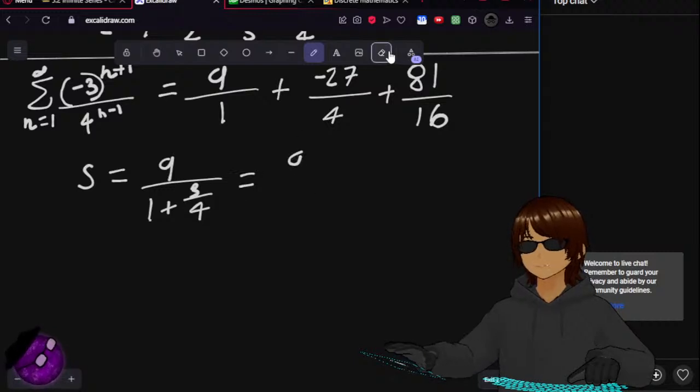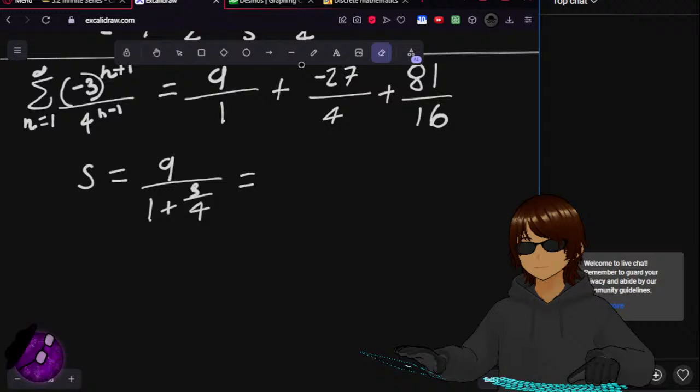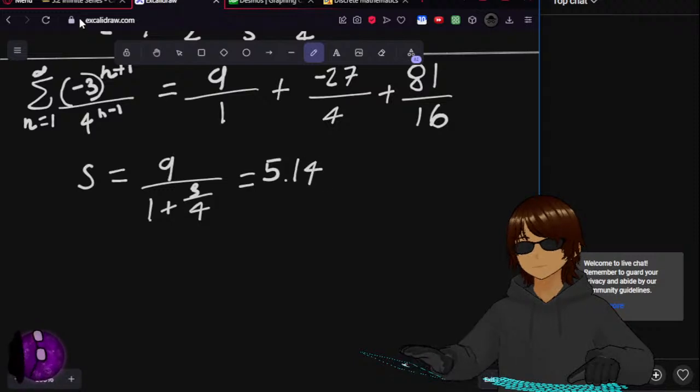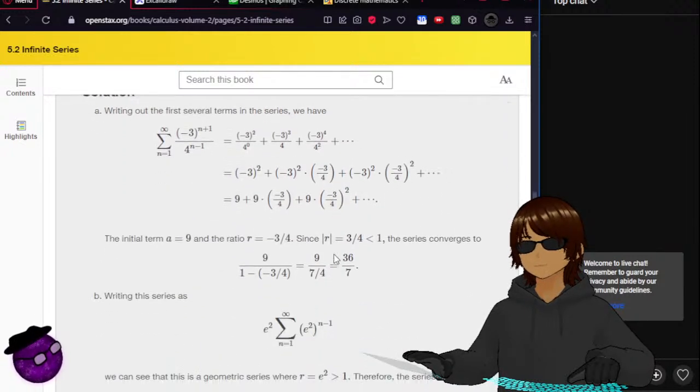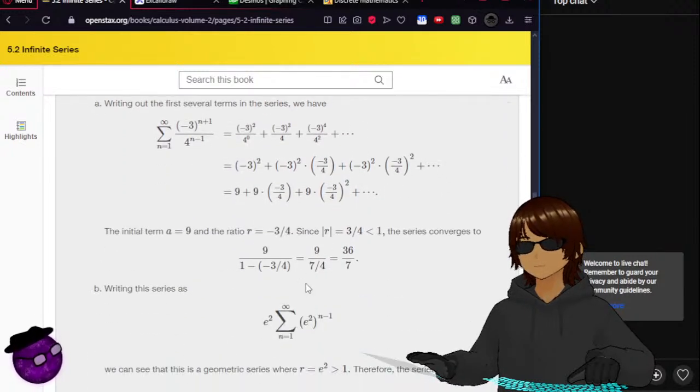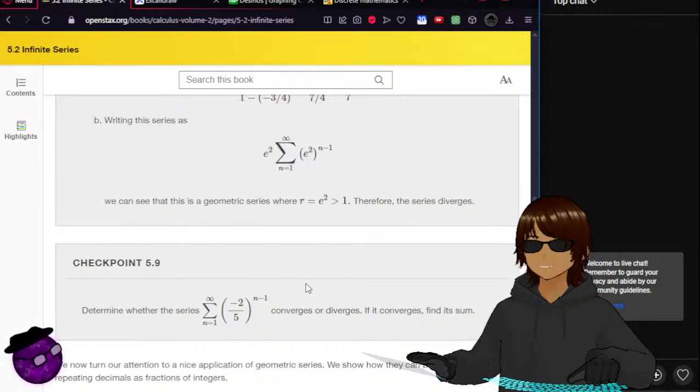Okay, I'm using a calculator, so let me check. 5.14. Yes.